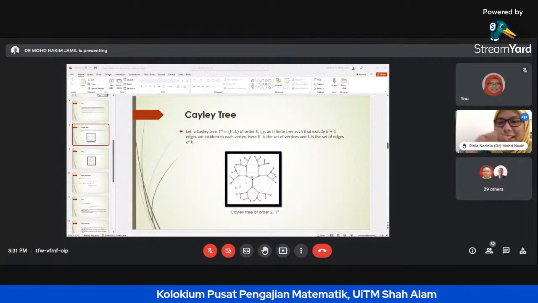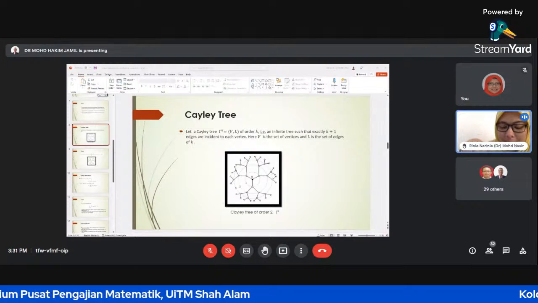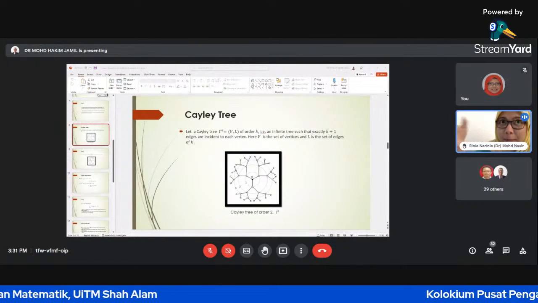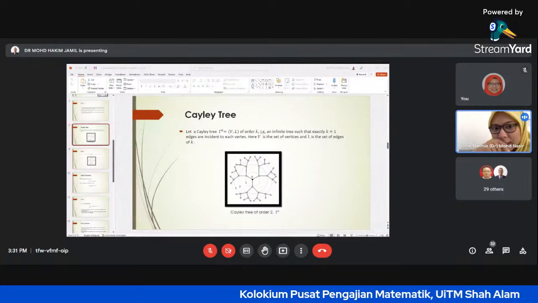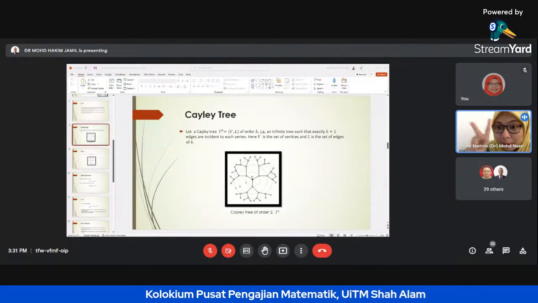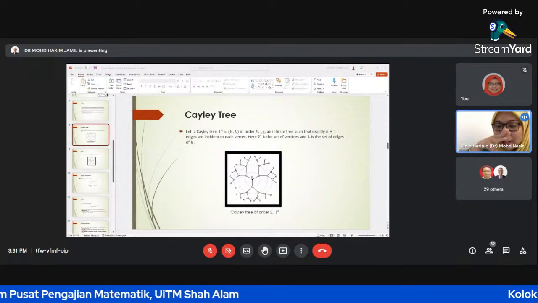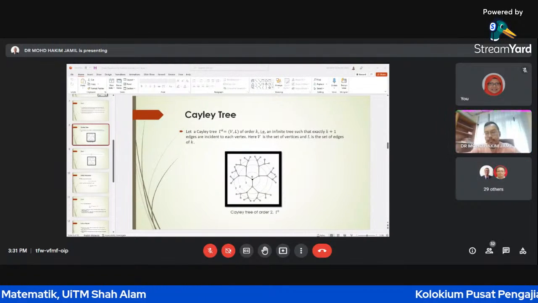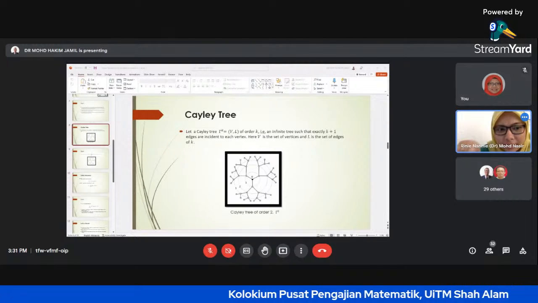I have 3 questions actually, because this involves some pure maths and I would like to understand the elements in the set of the Cayley tree. So let's say in the Cayley tree, K is equal to 2. Can you go to the slide? So you have 3 edges, right? And then the next slide after the Cayley tree, there is a set, right?